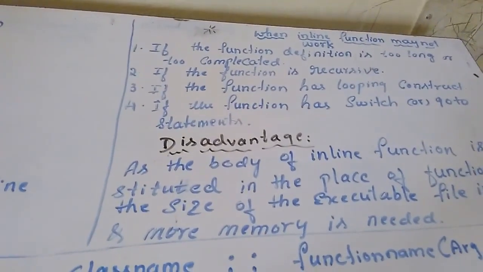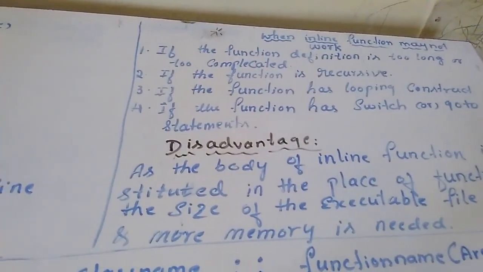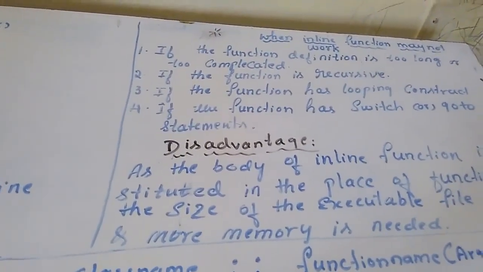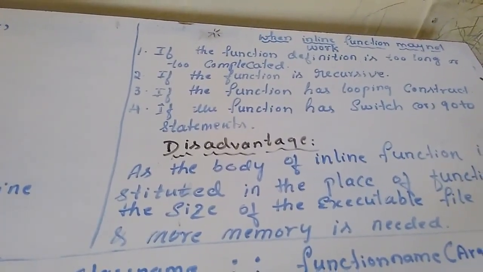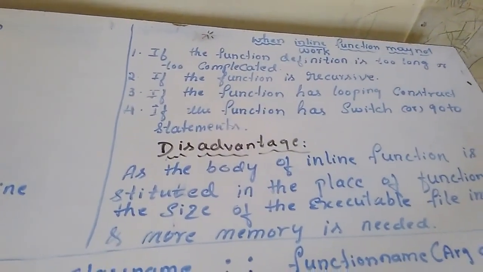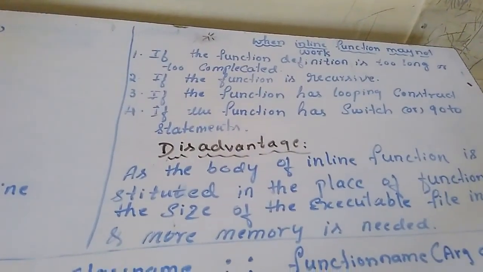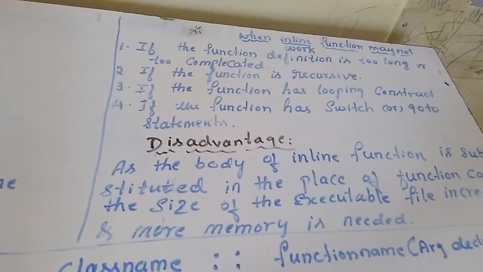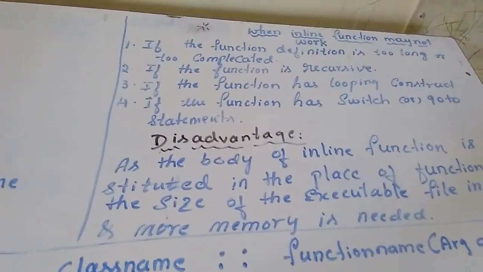Understood? The nature of an inline function is that the function call is replaced by its actual code. Isn't it? That is the nature. If that function has too many statements or too many instructions, then it cannot expand as an inline function. The function call will not be replaced by its actual code. Then control goes to the definition, executes, and comes back to the calling function.